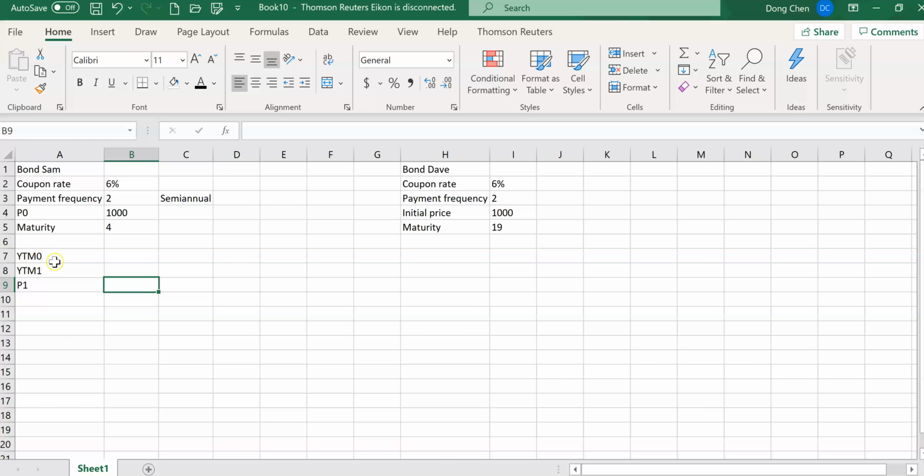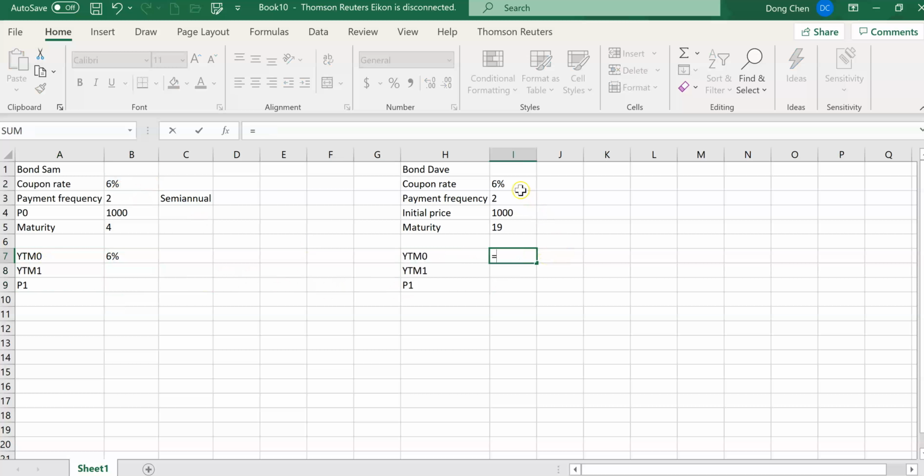So the corresponding YTM0 to the price P0 of $1,000 has to be the same as the coupon rate. And again, this is the same for both bonds. So the initial yield to maturity for both bonds is 6%.